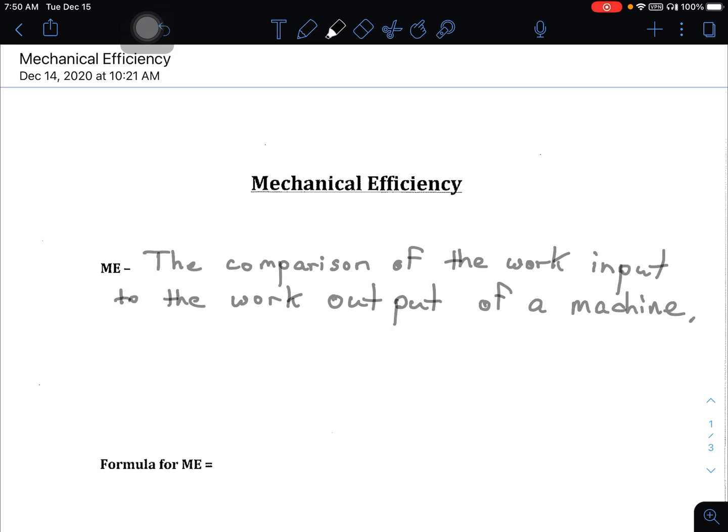Okay, and just to give an example, a little stick figure physics here. I'll do the best I can. Let's say here is a person with a lever. Okay, and they are lifting, I'm going to make my lever a little longer there, they're lifting an object over here.